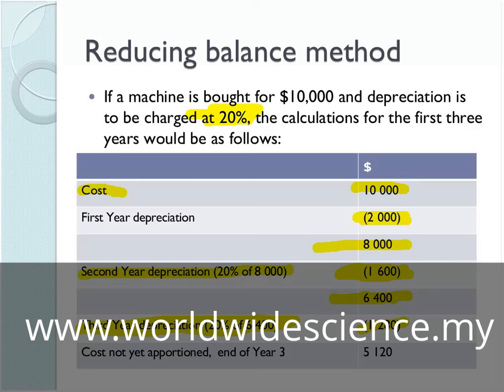We must take the 6,400, which is the costing of the machine after depreciation from year number two, and multiply it by 20%, right? And then we will get 1,280. This is year number two.